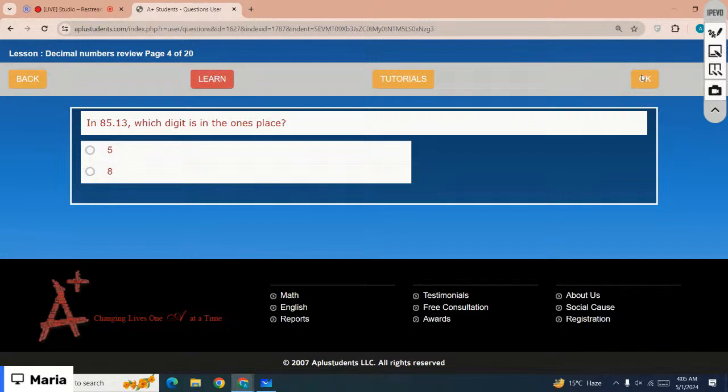In 85.13, which digit is at the ones position? So which is the correct option?